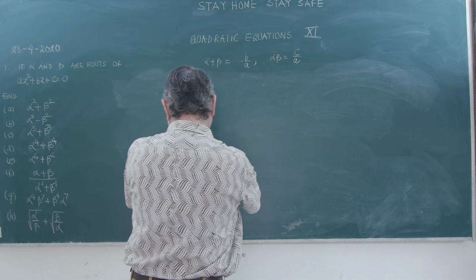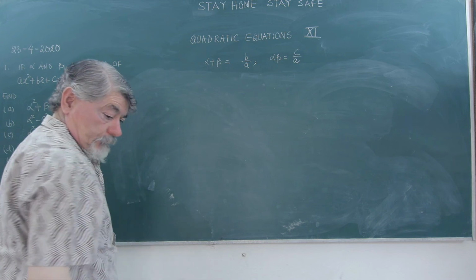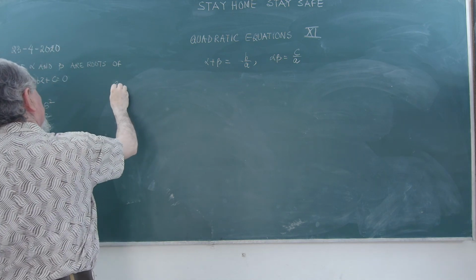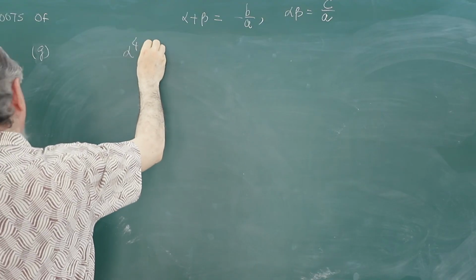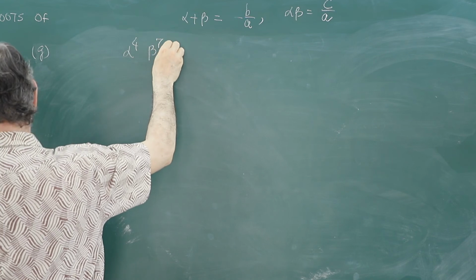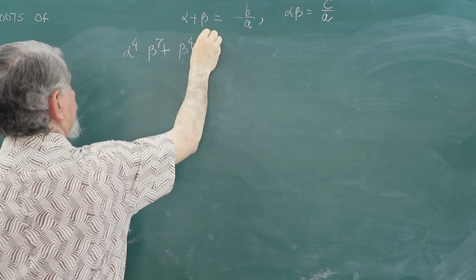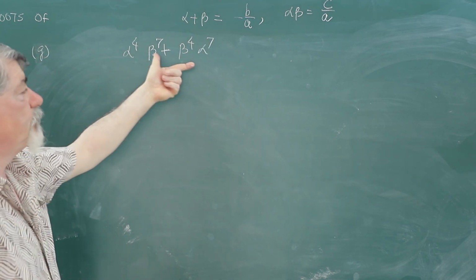Next, part G. In part G, I have alpha to the power 4 beta to the power 7 plus beta to the power 4 alpha to the power 7. Now in this format nothing seems to be applicable.